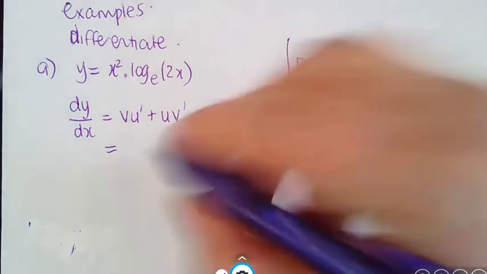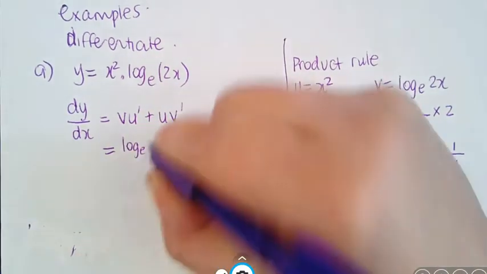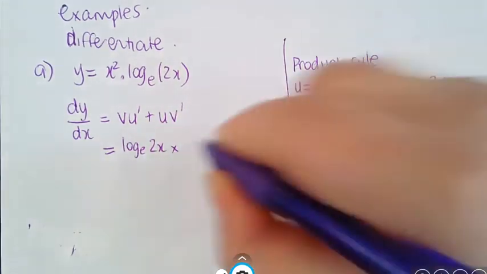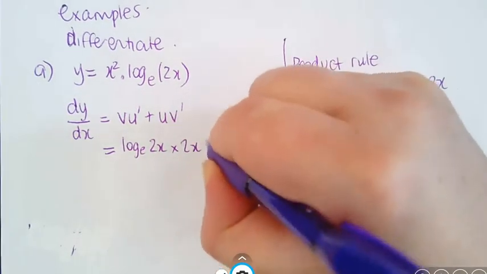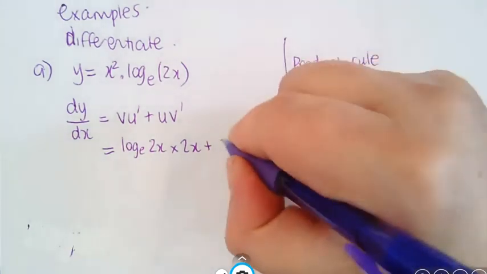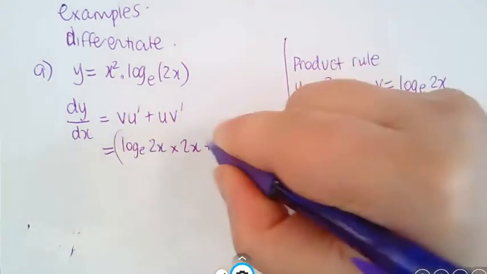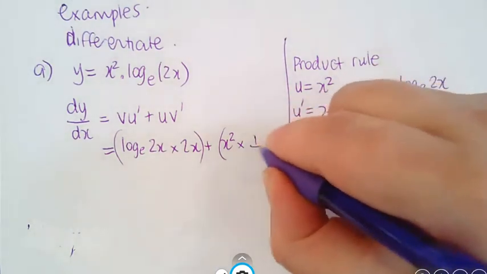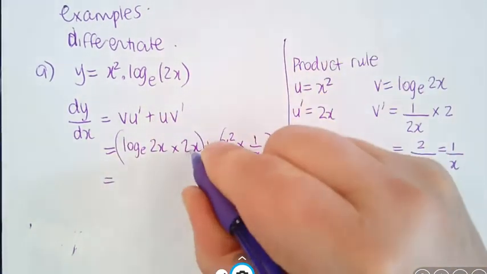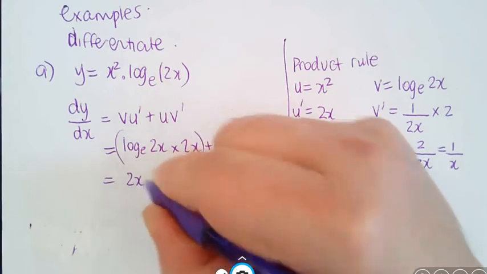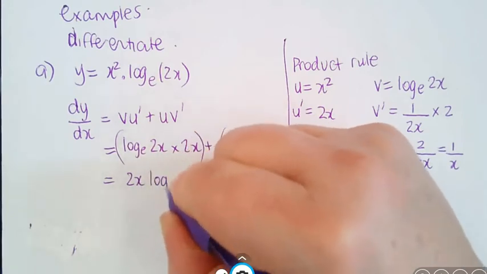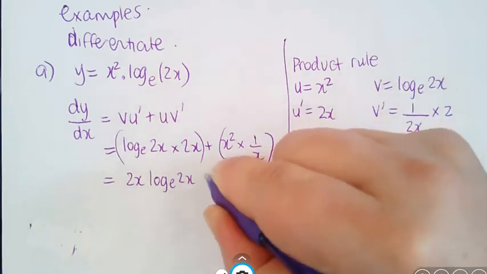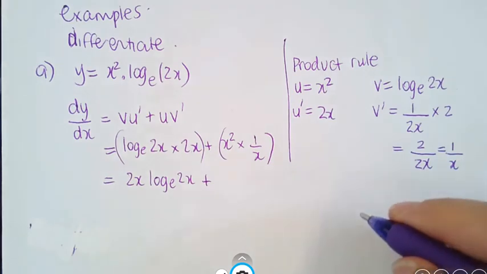So v, oh look, I can write it this way. Log to the base e of 2x times 2x plus x squared times, so I'm just going to bracket that, x squared times what? 1 on x. So what I'm saying here, I would put the 2x in front. 2x times log to the base e of 2x plus what? I've got x squared on x, which is what?